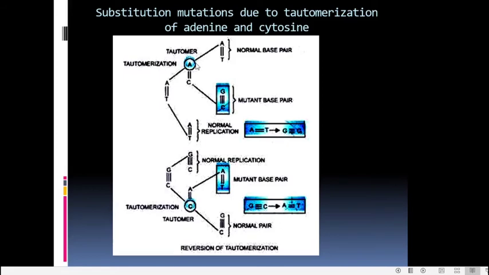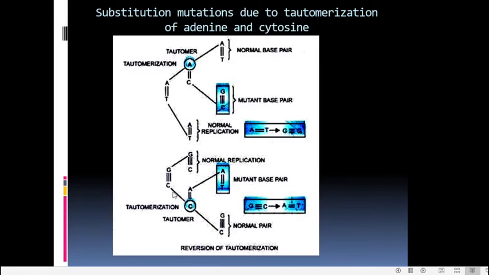So when these two strands separate, A will base pair correctly with T, but C will base pair with G as it normally does. So a substitution mutation has now taken place. That is, when AT is the normal base pair, here the base pair is substituted to GC. That is how a substitution mutation takes place by tautomerization.